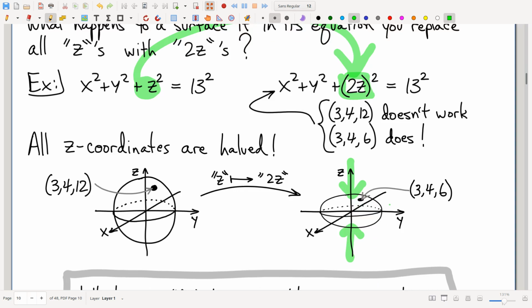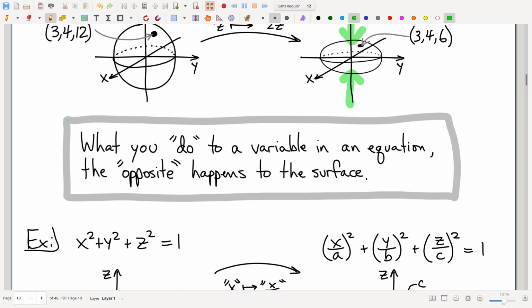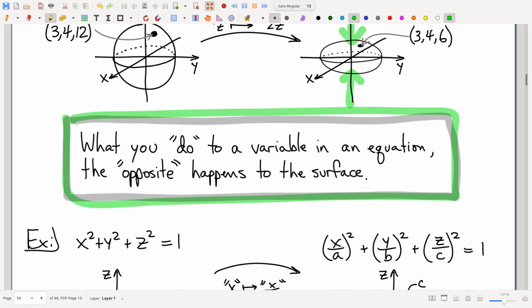The opposite is going to happen to your solutions, right? I have to take out a factor of 2 in the solutions that work. So this is a good general rule of thumb, and I'm a big fan of using these ideas to understand surfaces.